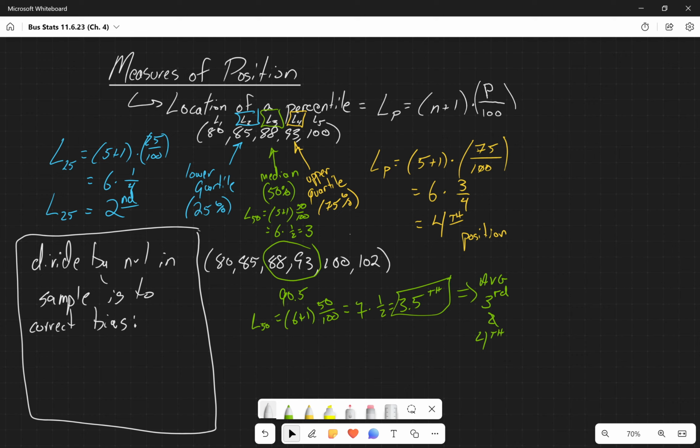Okay. So the estimated value of the population mean, yeah, this is all too complicated. I'm trying to figure out a way to simplify it.